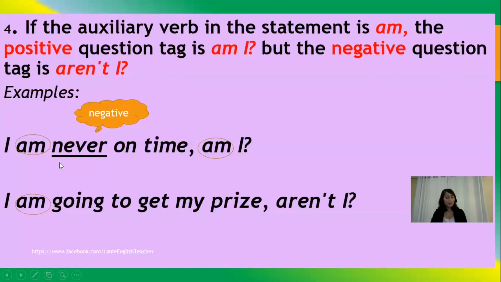Now in this first example, we use the auxiliary verb am because it is positive question tag. But in the case of negative question tag, you will not use am anymore, but instead you use are. Since the statement here is positive, we will begin your tag with aren't to make it negative tag. Okay, so I am going to get my prize, aren't I?